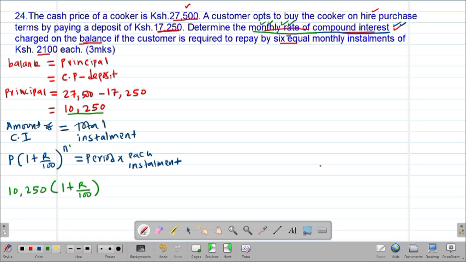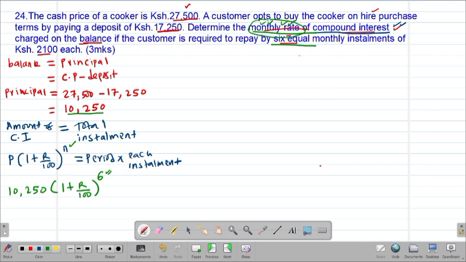That is why we are going to work with the n which is still in months. We are told 6 equal monthly installments. Therefore, our period will be 6 months. I have not converted the 6 months into years because the question wants me to get the rate on a monthly basis. Therefore, the period must also be left in months.